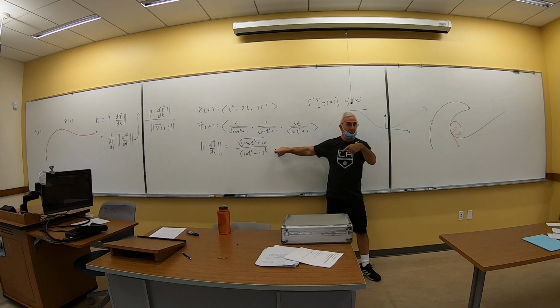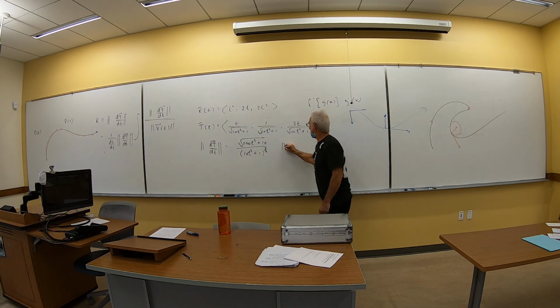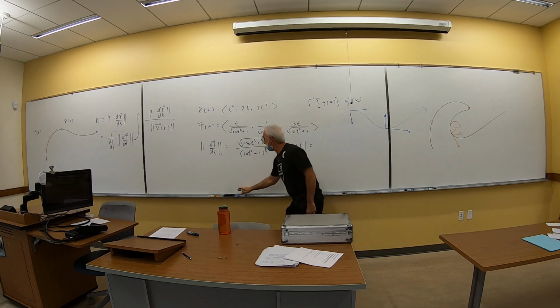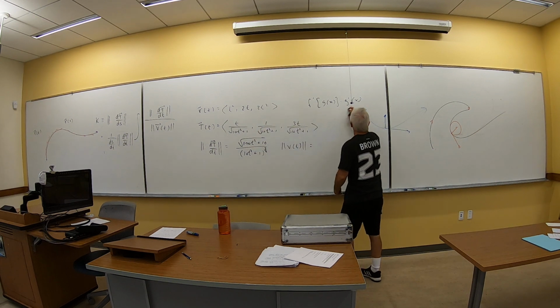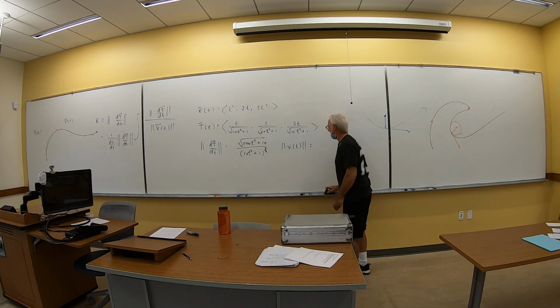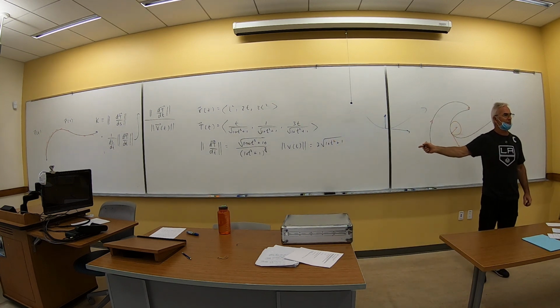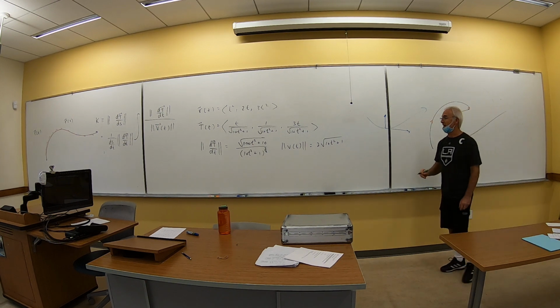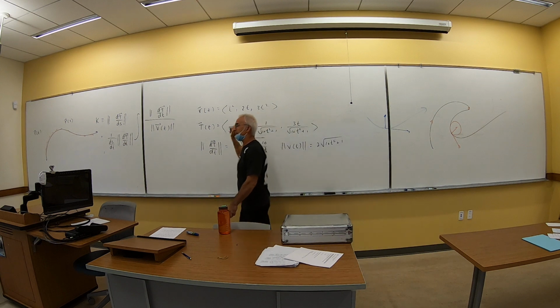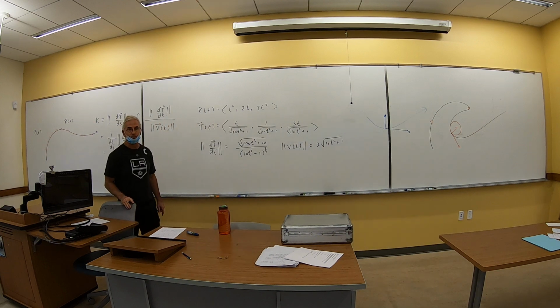Okay, so I want to go back to this. In this problem, we calculated this also, and I believe this was 2 times the root, correct? Fortunately, we didn't do it that long ago. I'm actually remembering. Was that the magnitude of velocity? That one wasn't hard. So now, if I asked you for this particular vector valued function, at any point in space, can you tell me the curvature?